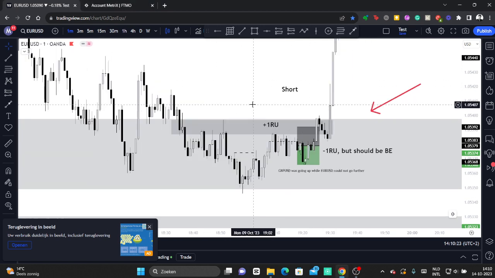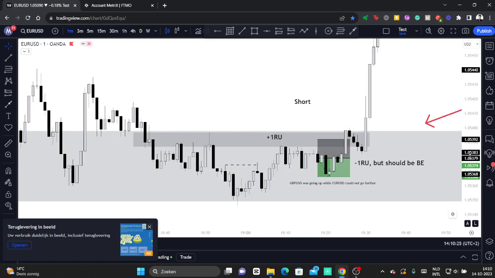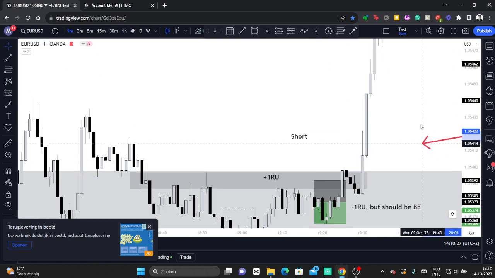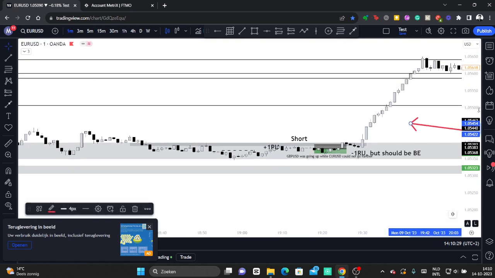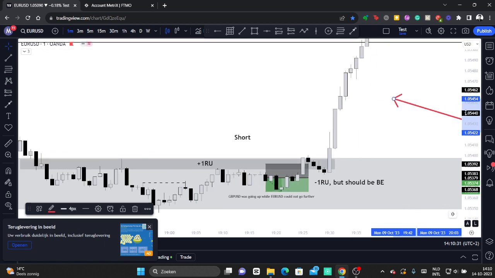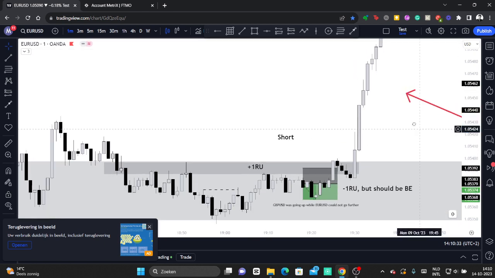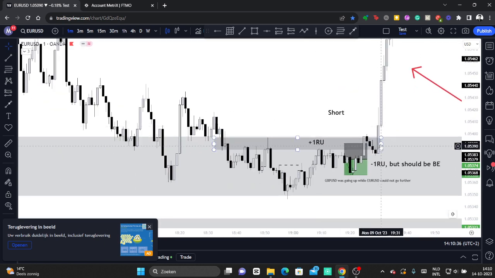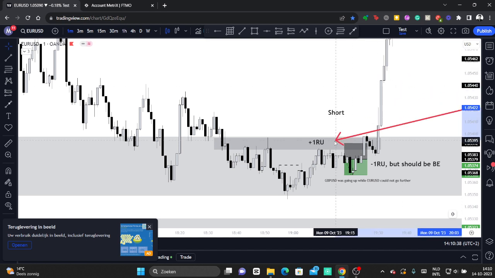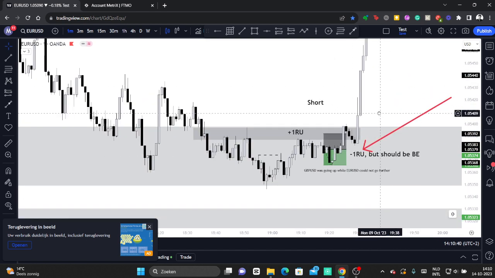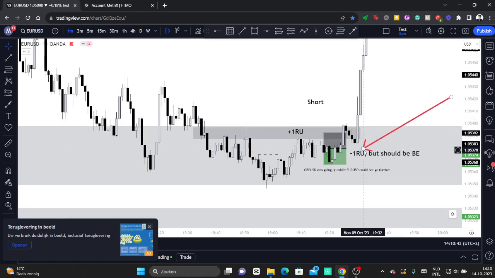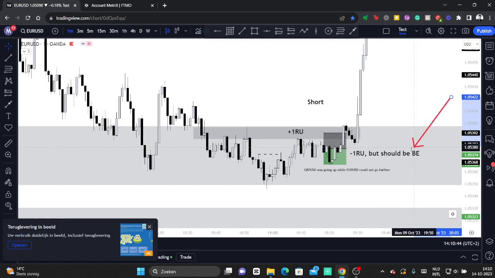As you can see over here, the trade on Monday eventually went upwards, pretty much only upwards, so I was not in a good position. However, this should not be a 1 RU loss. This should be a break-even trade. Why?